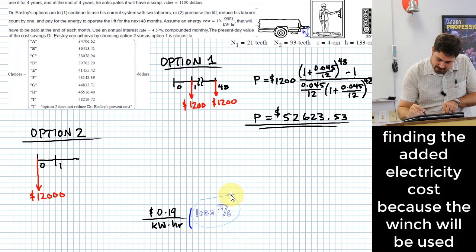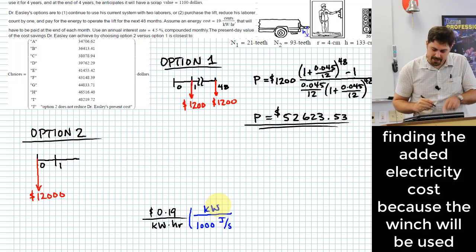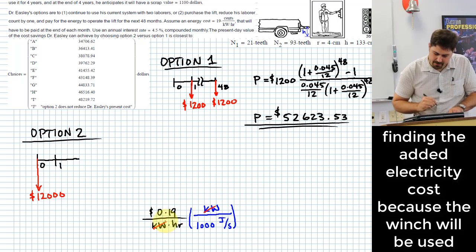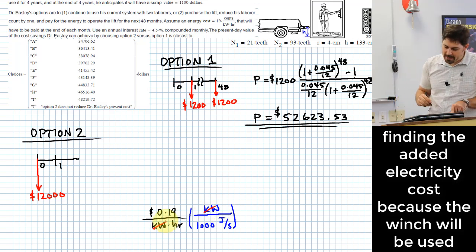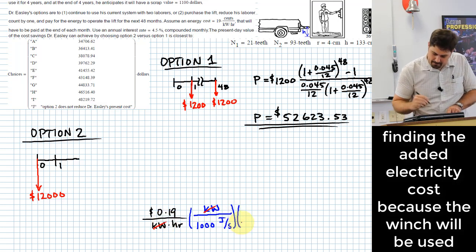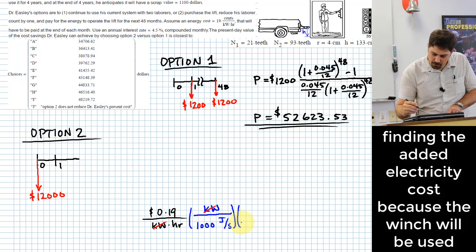And actually I need to put that down here, and I need to put a kilowatt up here. What does that allow me to do? Okay, gets rid of the kilowatts. Okay, what can I do with hours and seconds? How many seconds are in an hour? 3,600 seconds in an hour. Okay, I need to get rid of the hours.